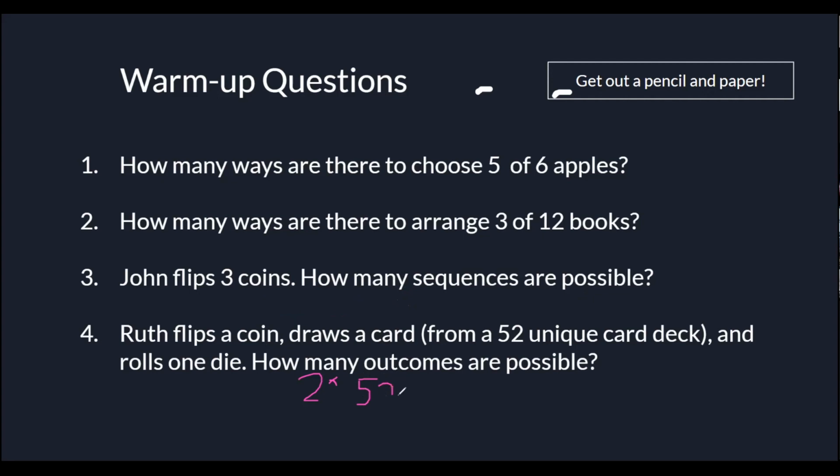Exactly. And then there are 52 cards like in the problem, and then a die has 6 sides, so you just multiply it. Okay, exactly. And the final answer is I think 624. Okay, good job, guys.